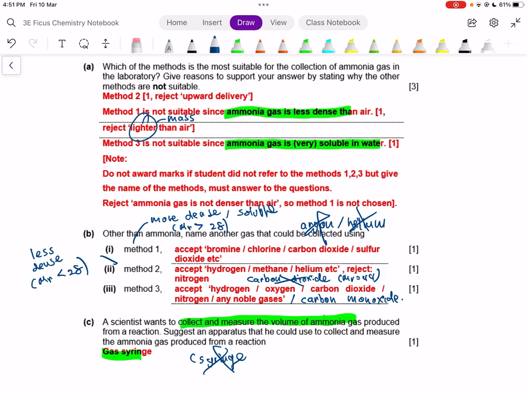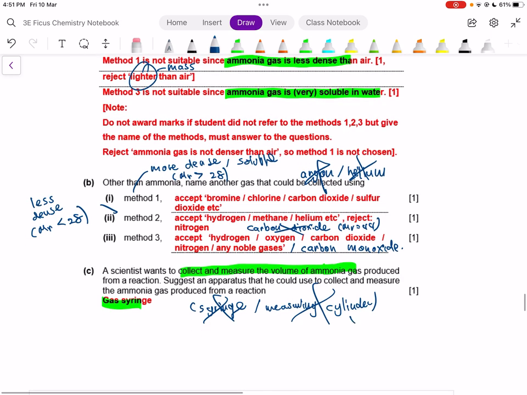Aiyo, measuring cylinder. Wow, some people told me measuring cylinder can measure gas. Measuring cylinder is to measure volume of solution.